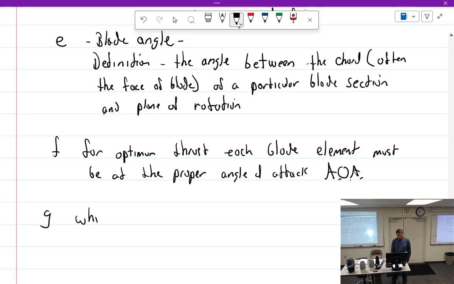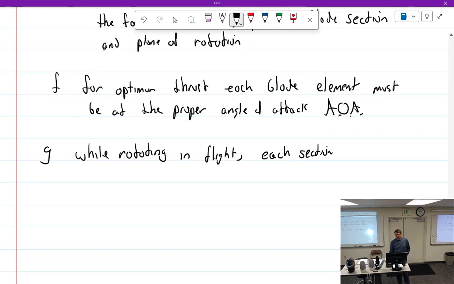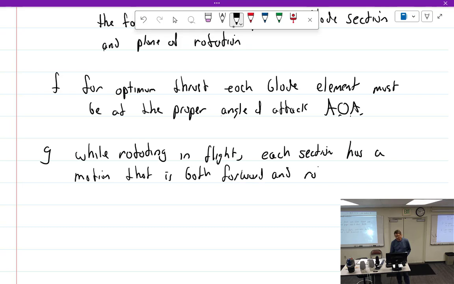While rotating, I should say rotating in flight because it's going to change, each section, that's blade section, has a motion that is both forward and rotary. Means it turns in a circle and it goes forward.